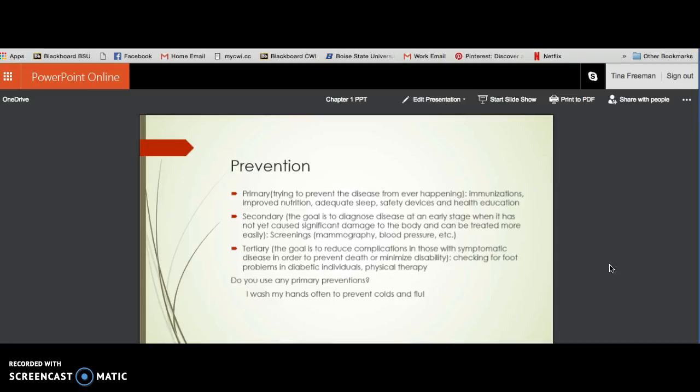To put this into context, a diabetic has a symptomatic disease, and in checking for their foot problems, which is very common in diabetics, we are trying to minimize further disability or prevent death. Believe it or not, some of these disorders can manifest quickly and move very quickly and cause death and or disability.